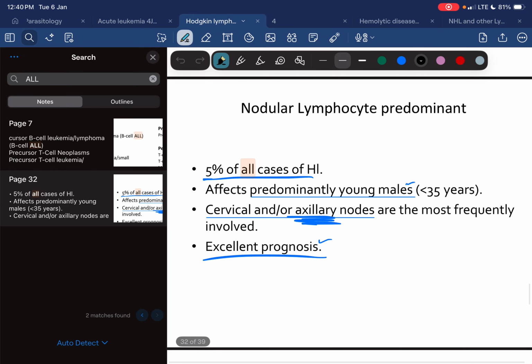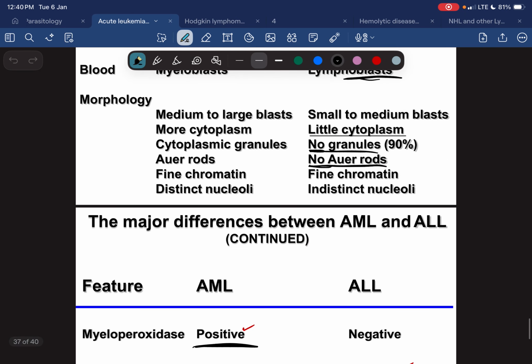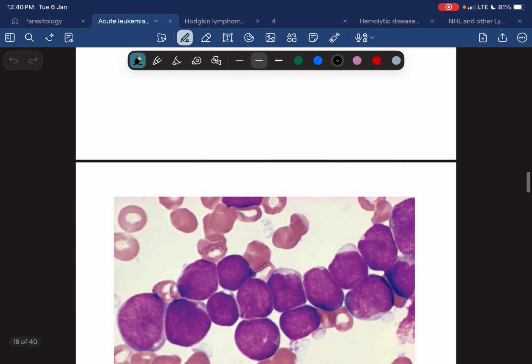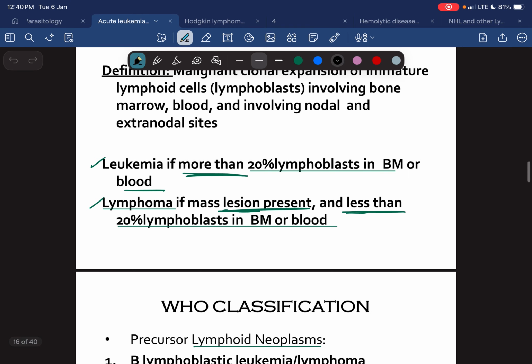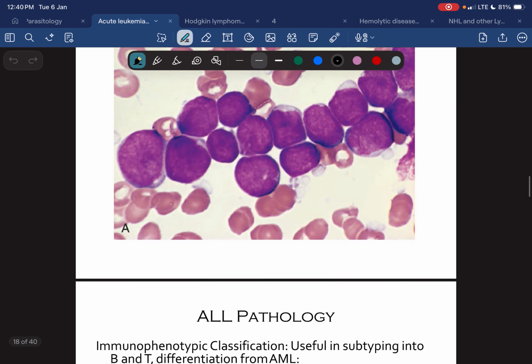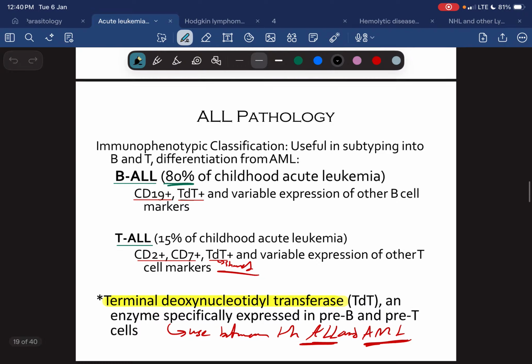Here is another picture from a bone marrow aspirate. You can appreciate these large cells with large irregular nuclei, prominent multiple nucleoli, and we have characteristic cytoplasmic Auer rods, which are diagnostic of acute myeloid leukemia, mostly seen in M3.